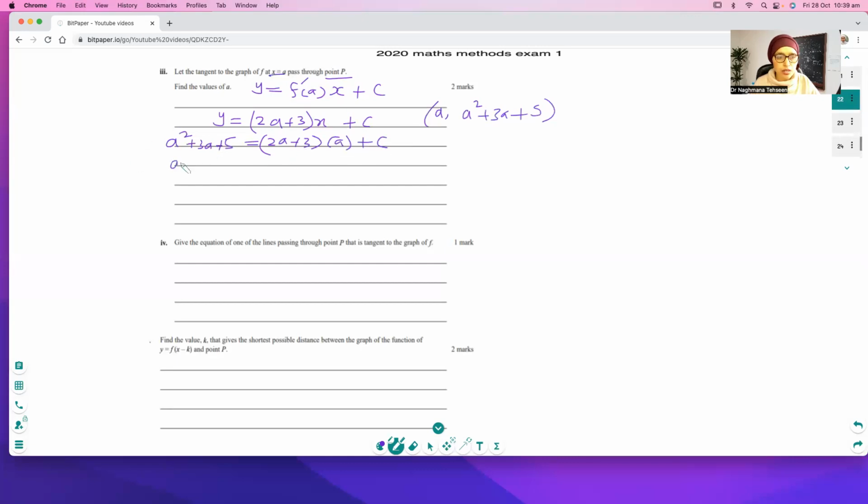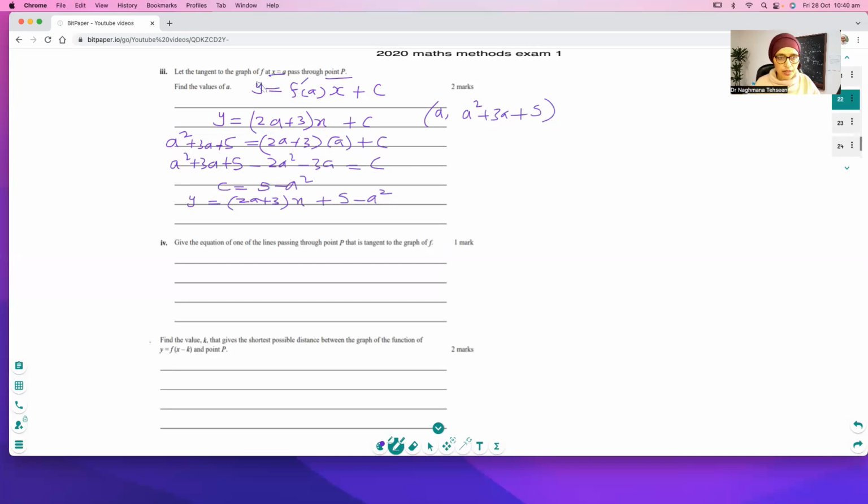So take everything on the other side of the equation: a squared plus 3a plus 5 minus 2a squared minus 3a is equal to c. Some things cancel out and we get c to be 5 minus a squared. Okay, so that means the equation of the tangent line would be y equal to (2a plus 3)x plus 5 minus a squared.